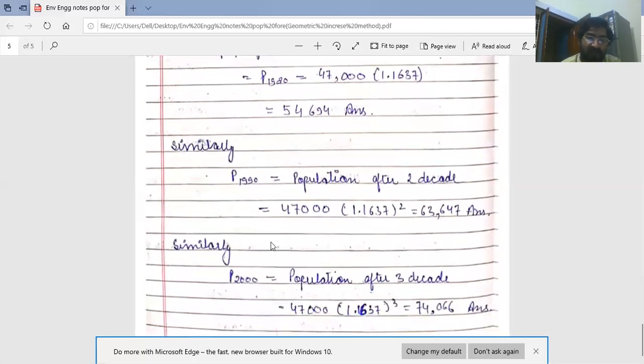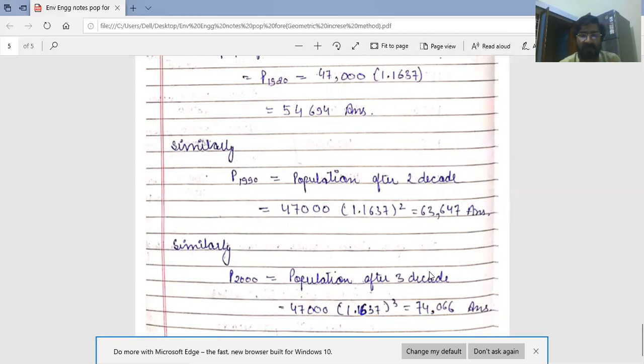Similarly, after 3 decades, in year 2000, P2000 is equal to population after 3 decades, P0 into this factor to the power n, and here n is equal to 3. 47,000 population in 1970, last known census, into 1.1637 to the power 3 is equal to 74,066 population in year 2000.